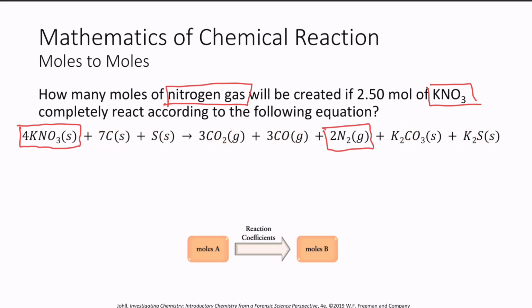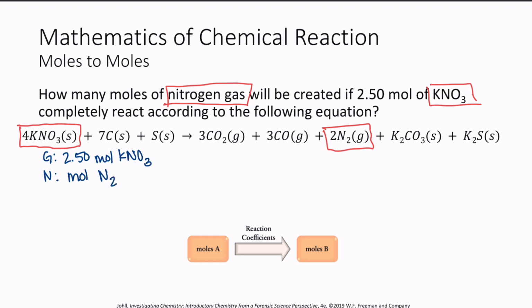I'm going to set this up exactly like my conversion factor problems. I'm going to state my given. It's the only number provided, 2.50 moles of potassium nitrate. And I'm going to state my need. How many moles of nitrogen gas? So I'm going to need moles of nitrogen gas.